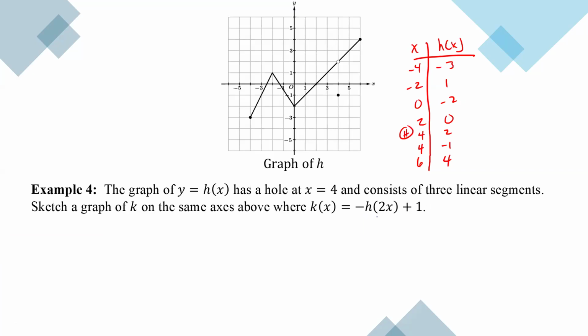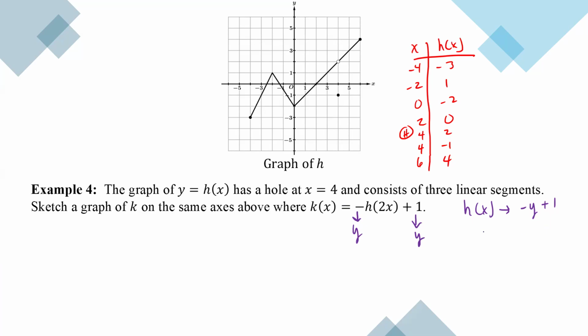So this is going to be an impact on my y's, right? That means each one of my old h of x y values, I'm going to have to multiply by a negative and then add 1. Does that make sense?